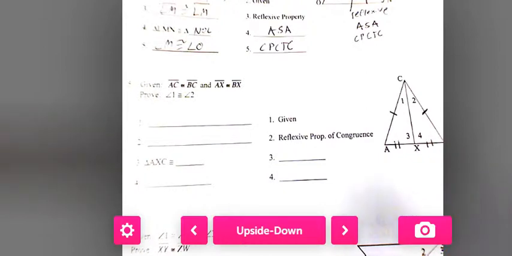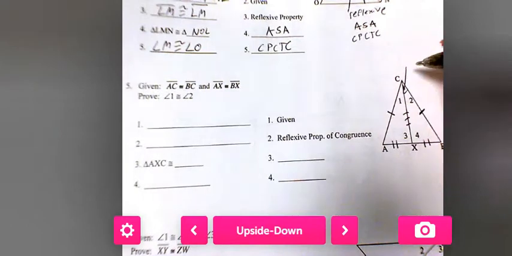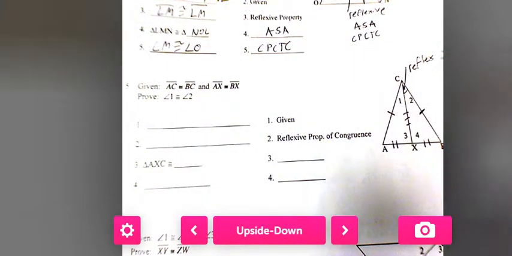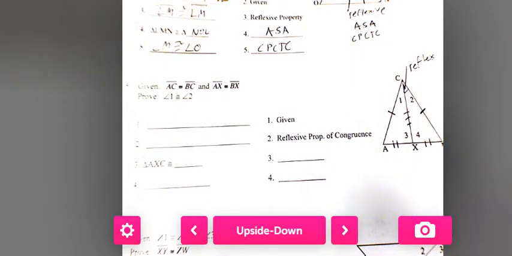What else do we have in our picture? I need another side or another angle. What else is true here? Yep. XC is congruent to XC by the reflexive property. Why are these two triangles congruent?